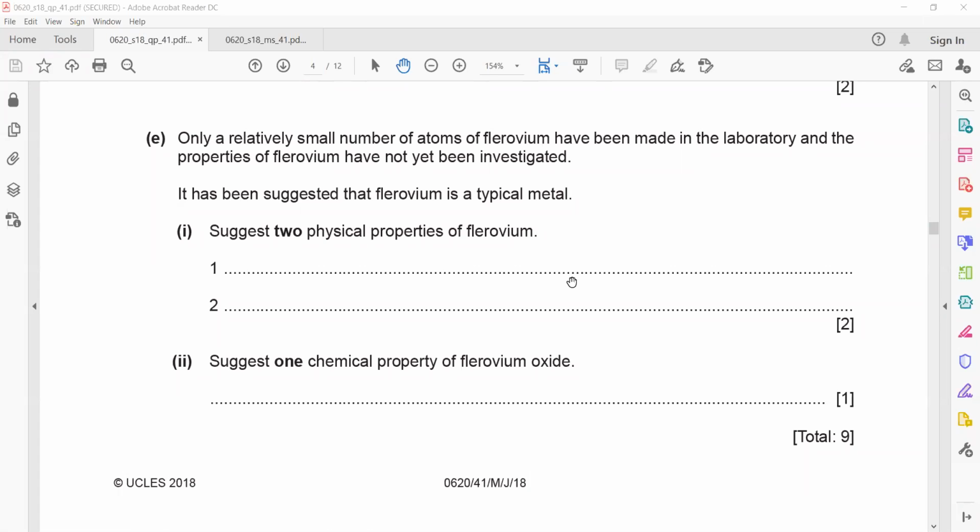Physical properties. So properties of typical metals: they have high density, they can conduct electricity, high melting or boiling point, and a shiny surface.